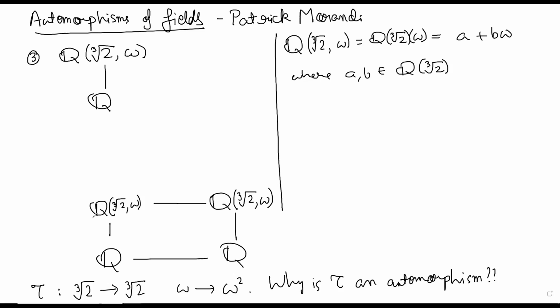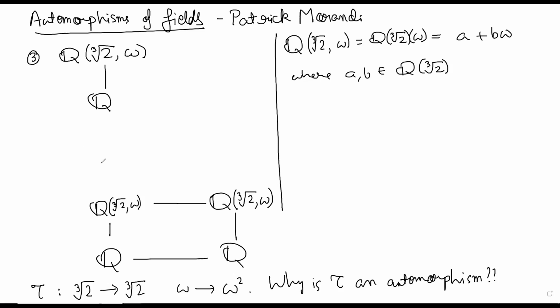We don't have to define it. The definition is already given to us. We have to check that it's an automorphism. But yes, if you are asking why are we defining it like this, that also has an answer, and that is again something that you know.